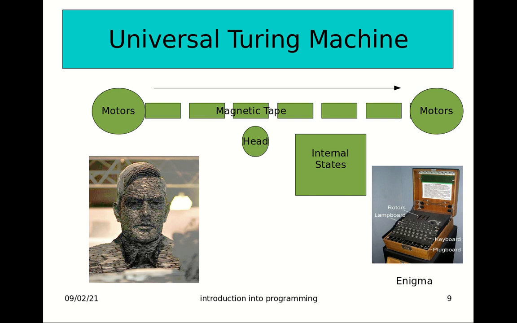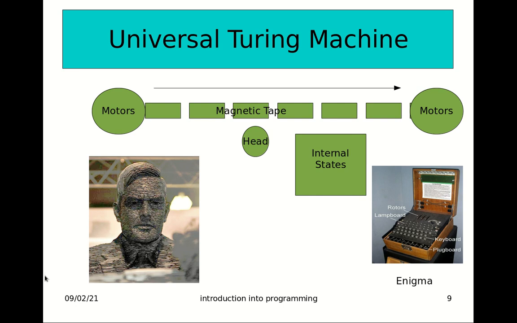Maybe just a few words about the concept of these Turing machines. So this was inspired by the technology of the 1920s. So Mr. Turing basically had the concept of tape recorders in mind.